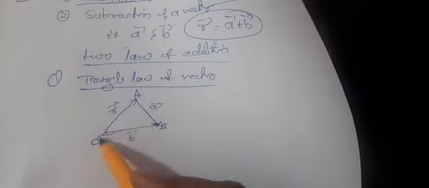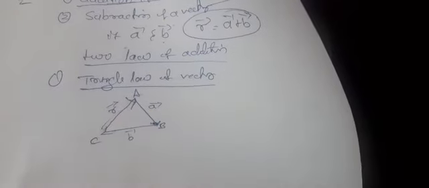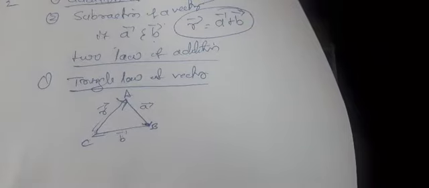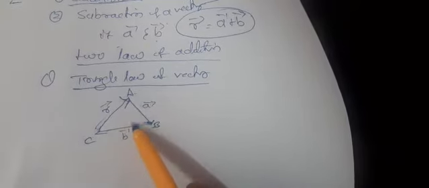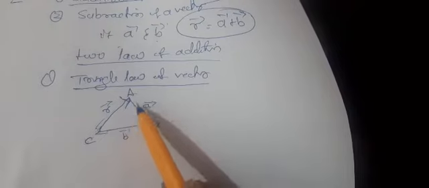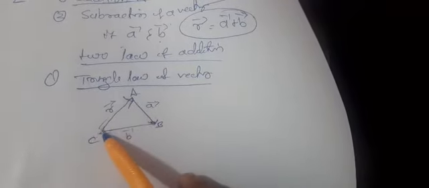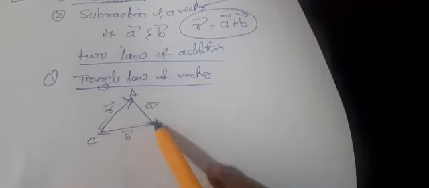The resultant line, also called the diagonal line, is also represented by both magnitude and direction, of the three sides of a triangle.